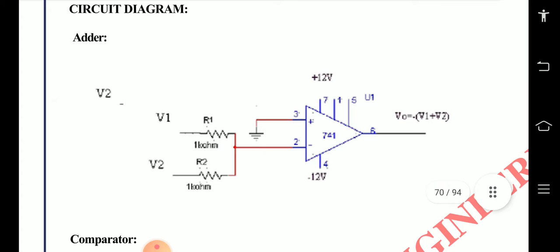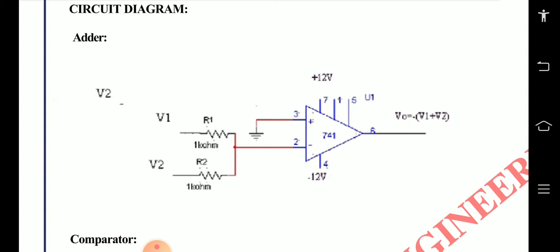So let me enter into the circuit diagram. Here we have a 741 IC and two input resistors R1 and R2. Through these resistors we give V1 and V2 to your inverting terminal, and you have to connect the non-inverting terminal to ground.